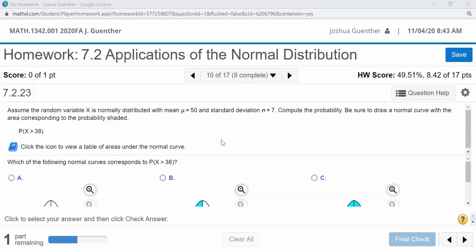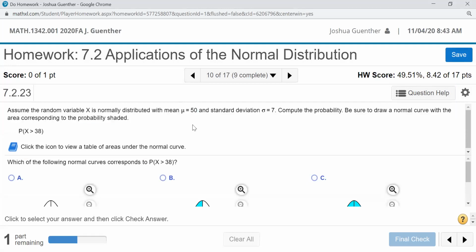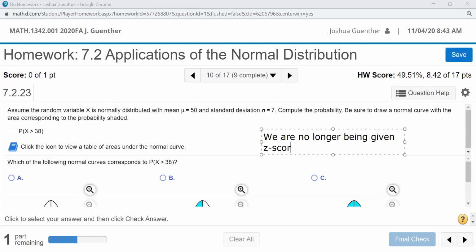Now we get into some interesting territory. Now we're just told that a random variable x is normally distributed with a mean of 50 and a standard deviation of 7. So we are no longer being given z-scores.